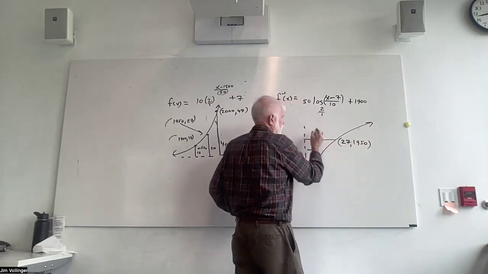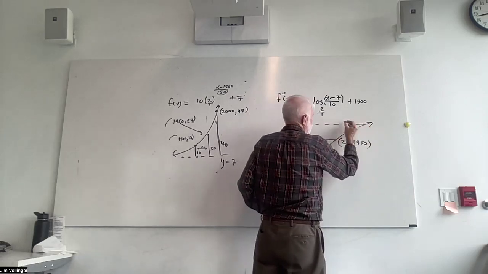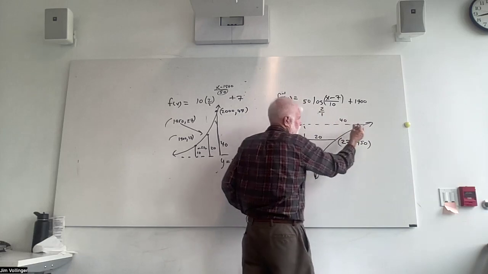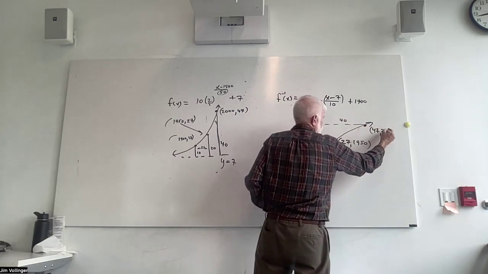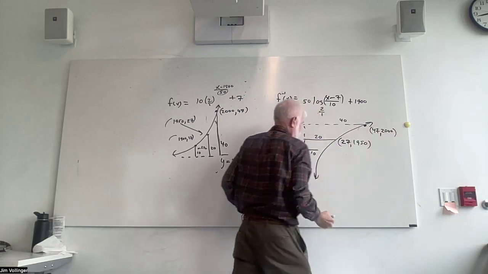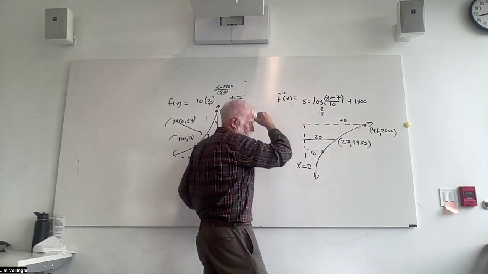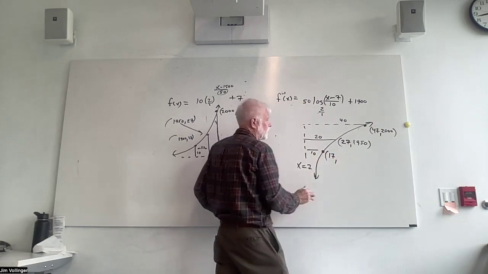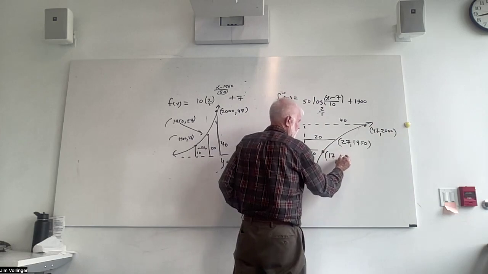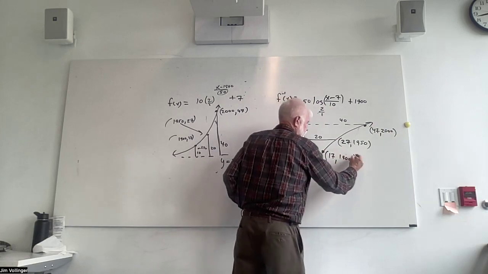All right, and then this one is 40 units of change, so they're 47. There, now I'm on top of it. That is going to get me 2000. And therefore we have 17. Looking from this now, 17 is going to get me 1900. Okay.